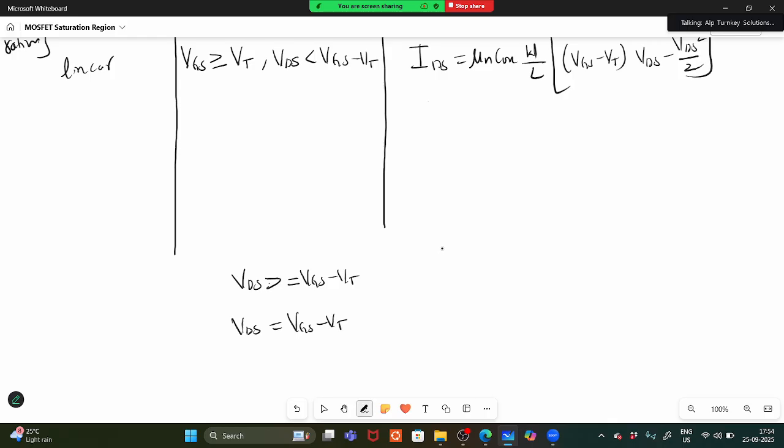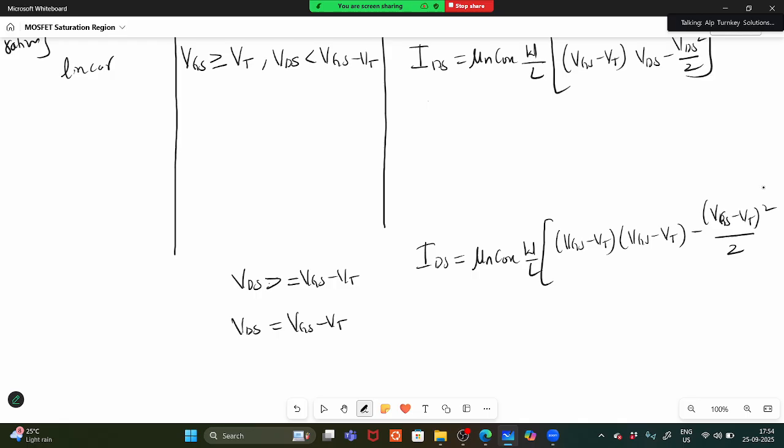If you substitute, you will get IDS equal to mu n COX W by L into VGS minus VT into VGS minus VT minus VGS minus VT whole square divided by 2.